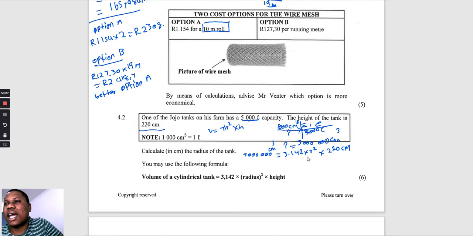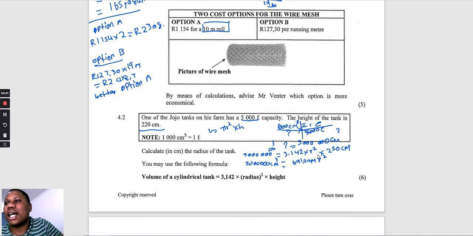So we're going to have 3,142 multiplied by 220, that is 691,24. And so you're going to have 5 million centimeter cubic is equal to 691,24 multiplied by radius squared.